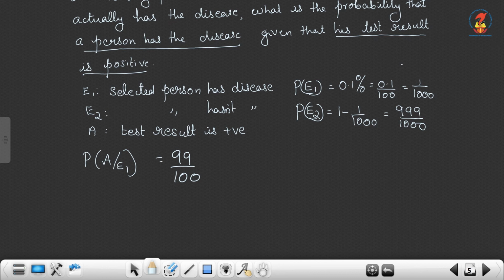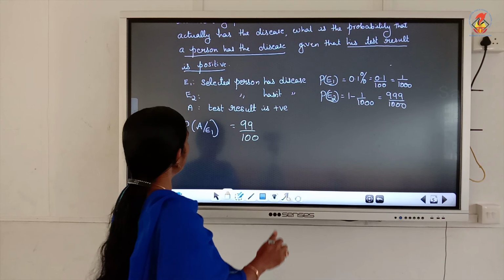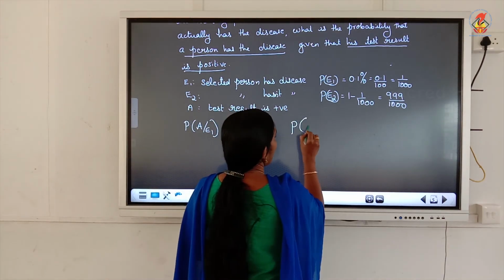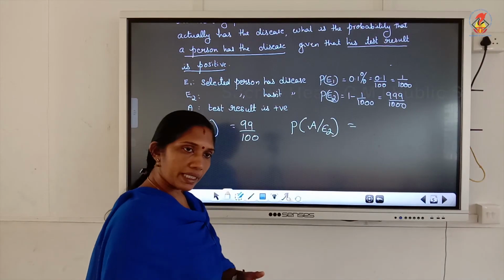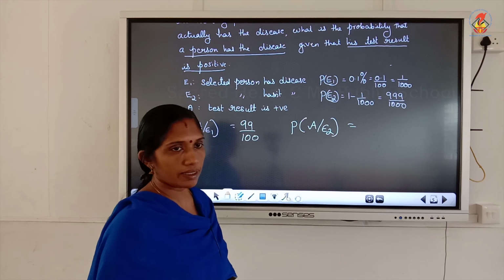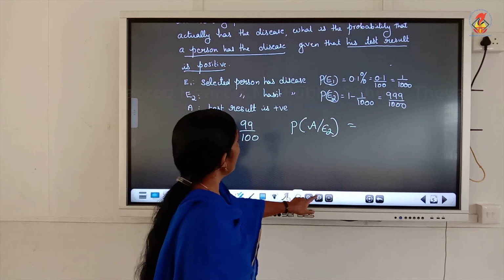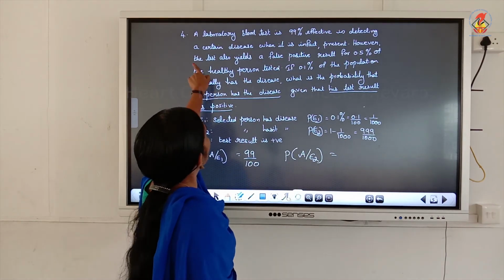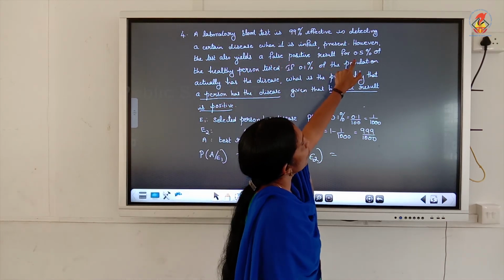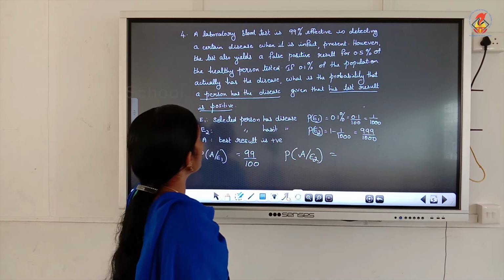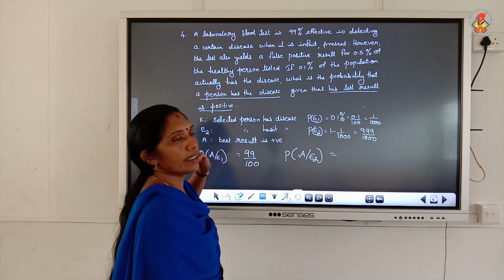The test is 99% effective if a person actually has the disease. And A given E2 means the person is healthy, but sometimes the test result is positive. That is given in the question: the test also yields a false positive result for 0.5% of the healthy persons tested.